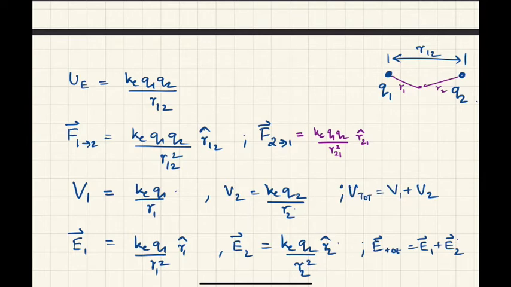And similarly, you have r2 hat for the electric field generated by Q2, where you are standing on Q2 and looking at the direction of this point, and that is r2 hat. And the total electric field is given as the sum of these two.